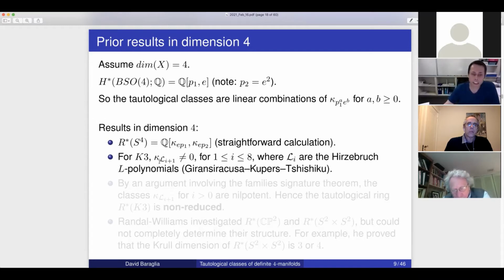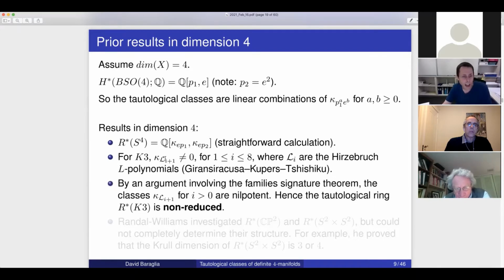They showed that these classes are not 0. On the other hand, there is an argument which uses the family signature theorem, which tells you that these classes are nilpotent. So even though I can't tell you much about the tautological ring of K3, I can tell you that it has nilpotent elements in it.